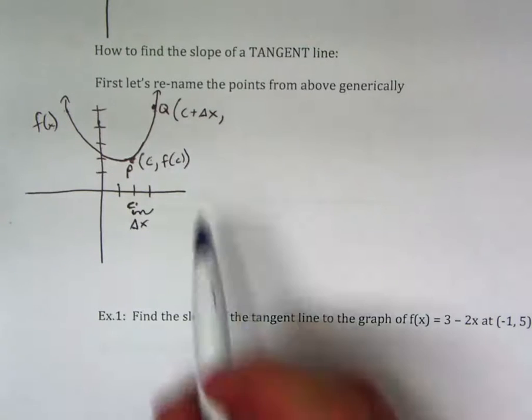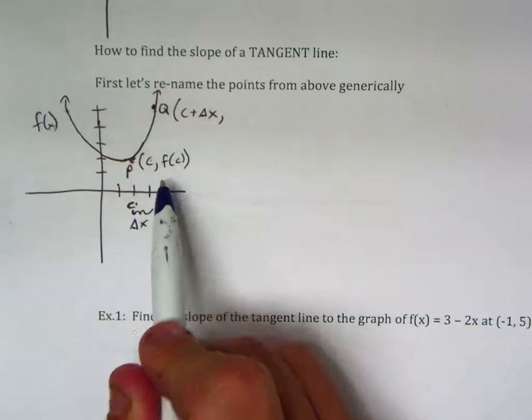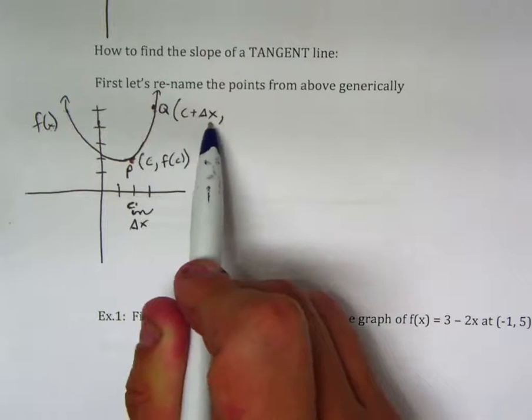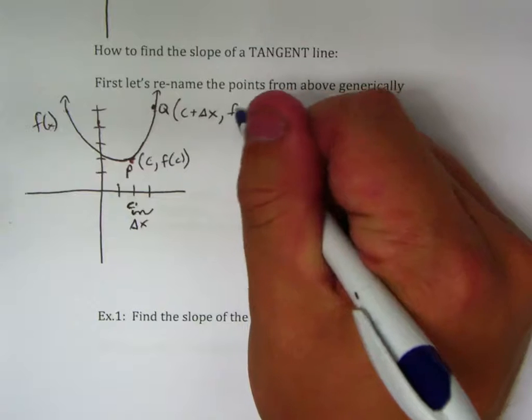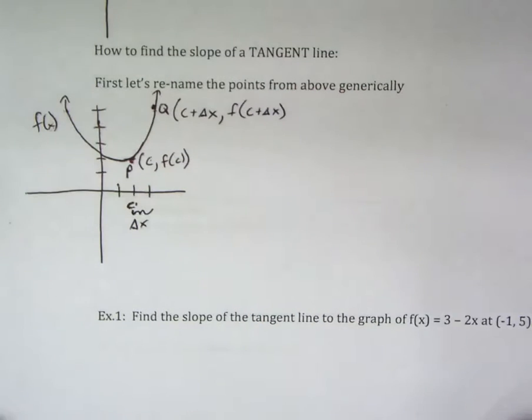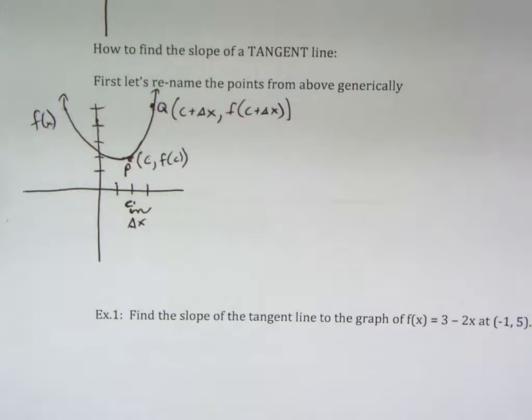Your y value would be whatever you get when you plug this into the function. So just like this one was c comma f of c, this is c plus delta x comma f of c plus delta x. So that's what I mean by name this generically. We're just going to apply this for any values, okay?